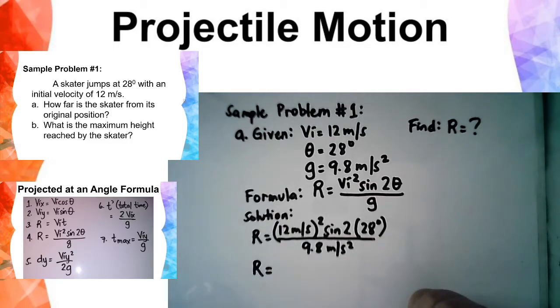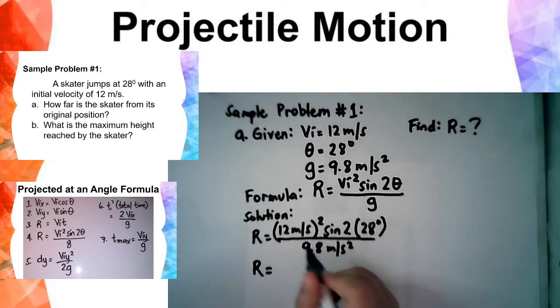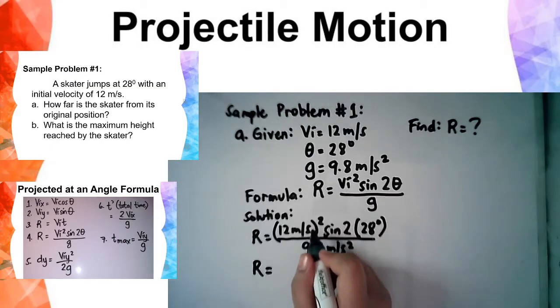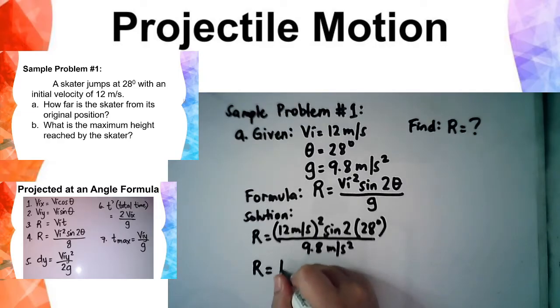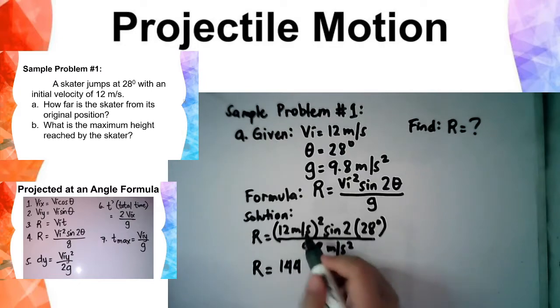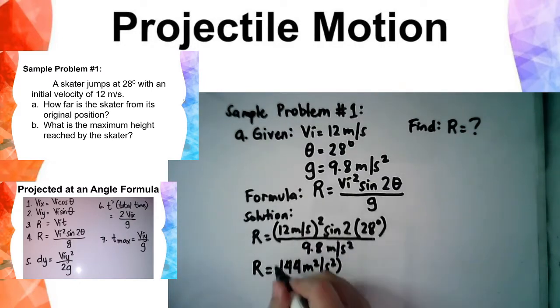Okay. So, saan po tayo magsisimula? Unahin po natin itong naka-squared. 12 meters per second squared. So, 12 squared, we will be getting 144. Isa-square nyo rin yung unit niya sa loob, which is meter squared per second squared.